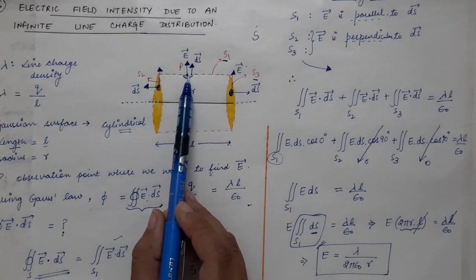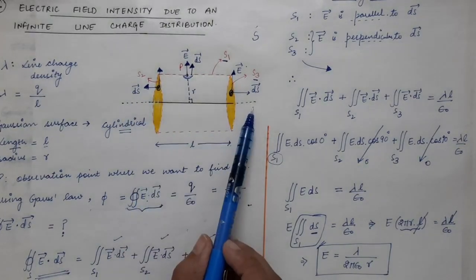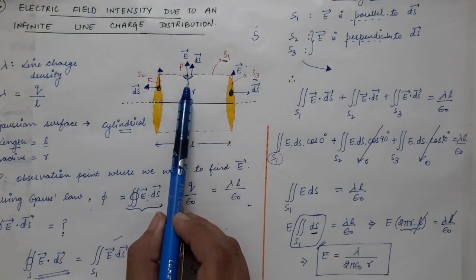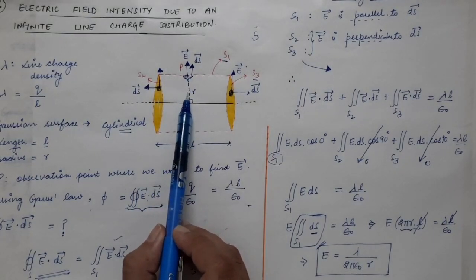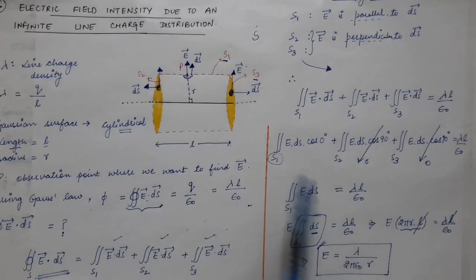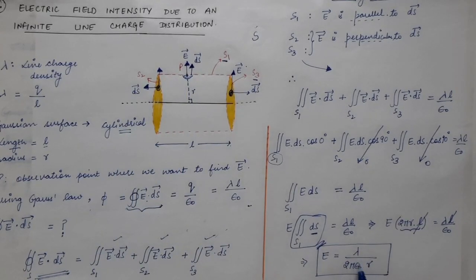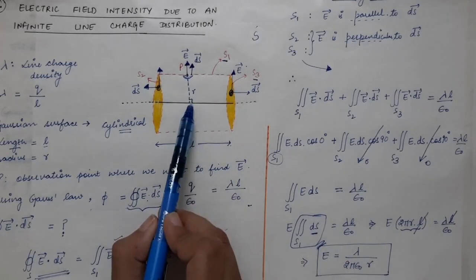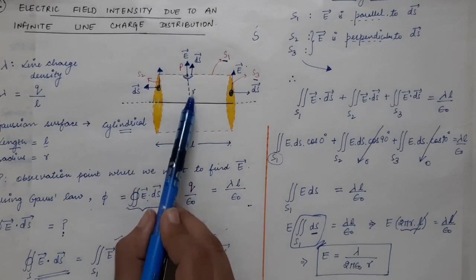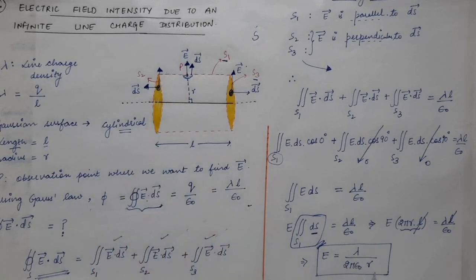If the charge is negative, the electric field intensity will be pointing radially inwards, so the direction will be minus r cap. The magnitude will be equal to lambda divided by 2 pi epsilon naught r. As you move away from the line charge, as r increases, the electric field intensity will decrease.